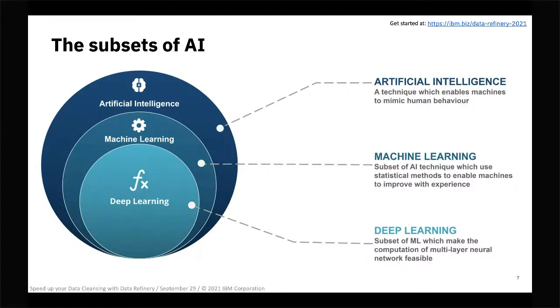Basically, it's a broader concept of machines being able to carry out tasks which we would call smart, like a program with the ability to learn and reason like humans and solve tasks. But with this, we don't really have any idea of how we will solve the problems. And this is where machine learning comes in. Machine learning is the application of AI where the system improves its performance in a given task using statistical methods on the data given.